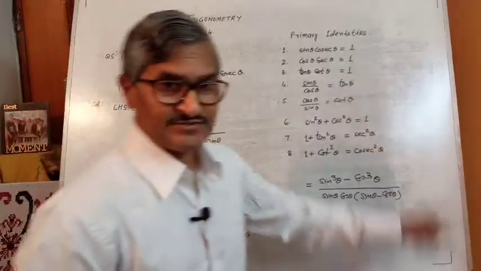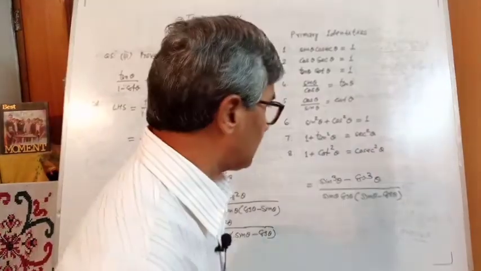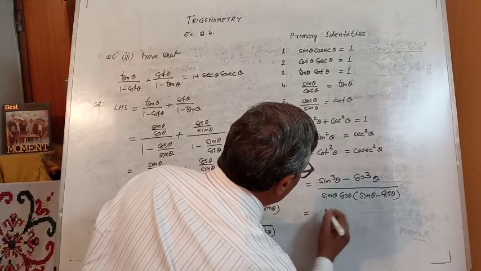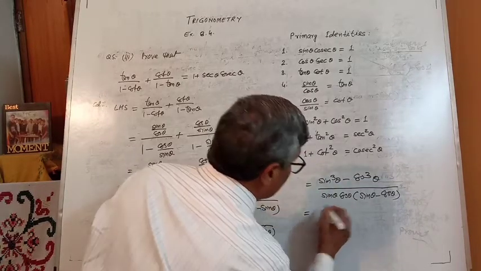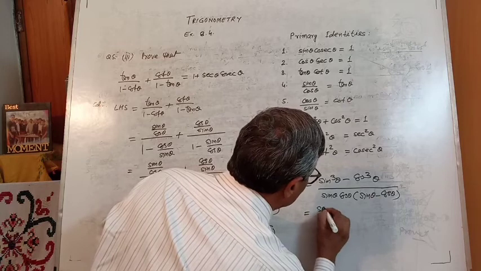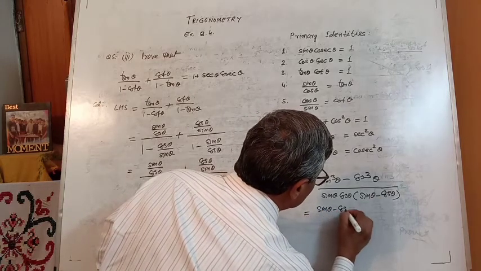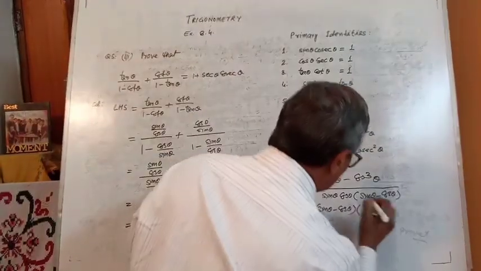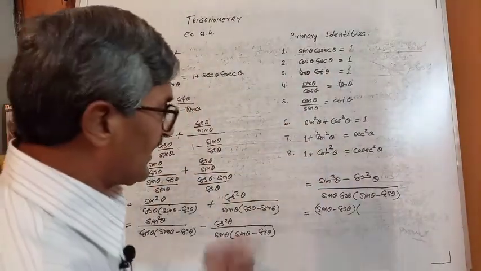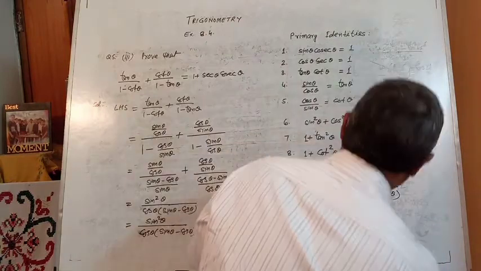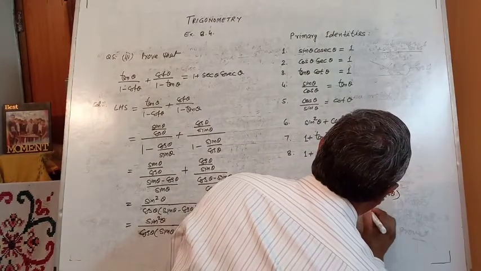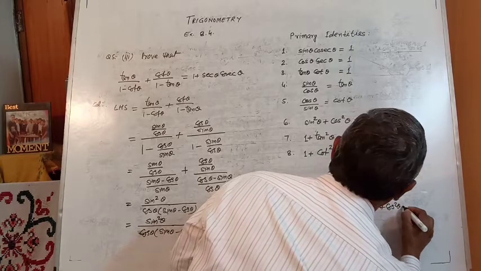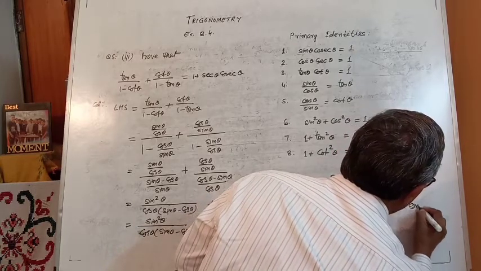A cube minus b cube. There is an algebraic identity, a cube minus b cube. Use that one. A cube minus b cube gives a minus b first, sin theta minus cos theta, and in the next bracket a square plus b square plus ab, means sin square theta plus cos square theta plus sin theta cos theta.